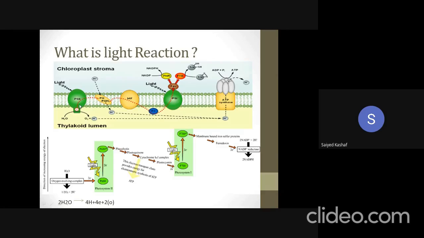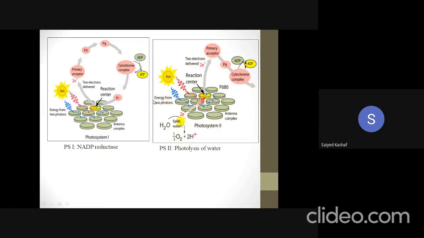PS1 and PS2 hold a large amount of pigment, and they capture the light, and those pigments which do not become members of PS1 and PS2 are scattered in the thylakoid membrane and form light harvesting complexes. Right. So first we will discuss the PS1 and PS2 systems.